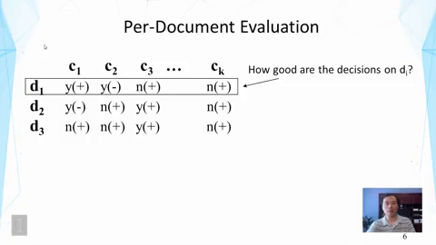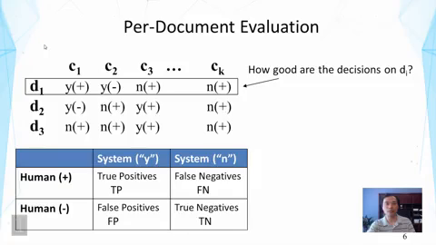Now, as in the general case of all decisions, we can think about the 4 combinations of possibilities, depending on whether the system has said yes and whether the human has said yes or no. So the 4 combinations are, first, when both the human and the system said yes, and that's a true positive. When the system says yes, it's a positive. And when the human confirmed that it is indeed correct, that becomes a true positive.